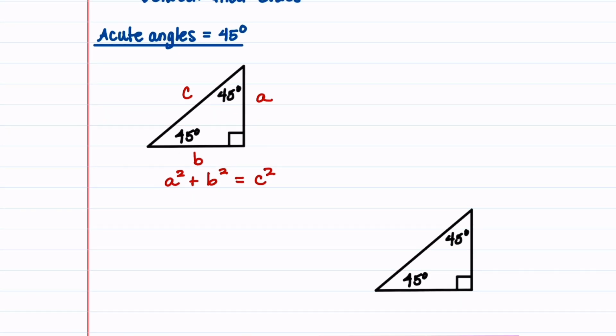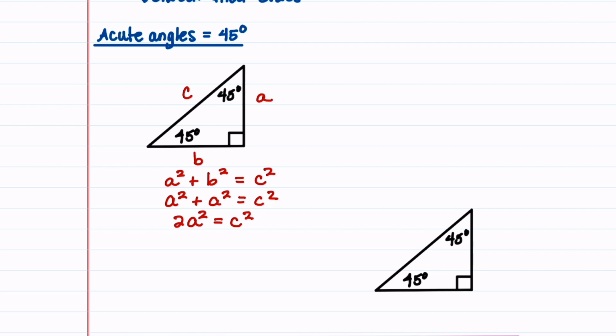Because A and B are opposite the same size of angle, they're equal. So we'll let B equal A in our equation. So that gives us A squared plus A squared is equal to C squared. This gives us 2A squared is equal to C squared.